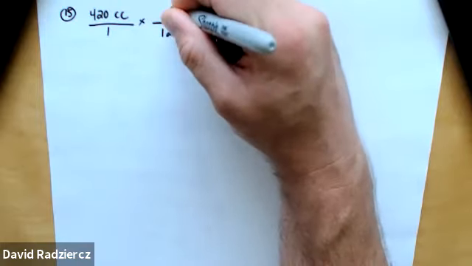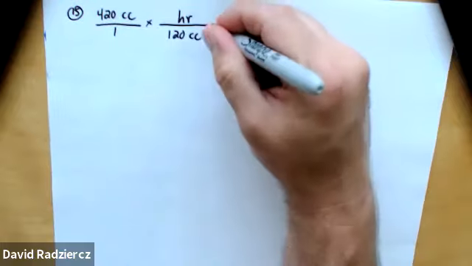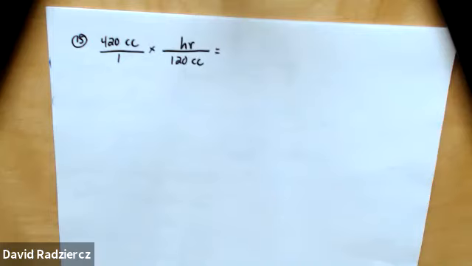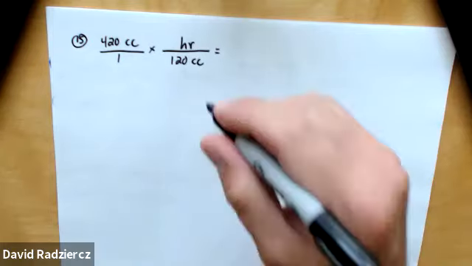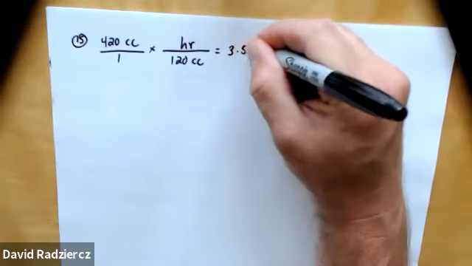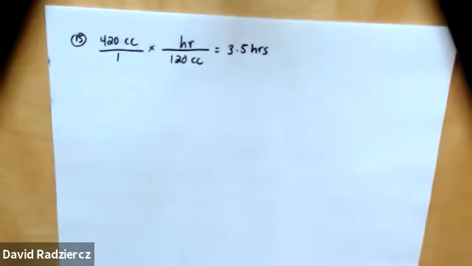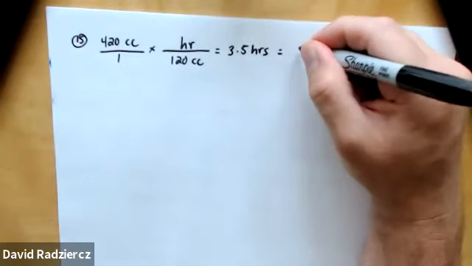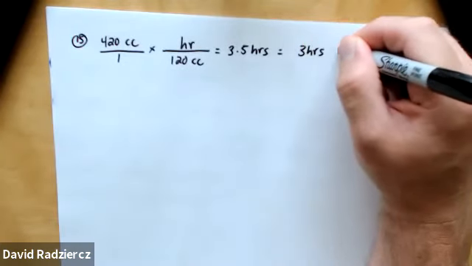We're just going to divide 420 by 120. Oh, sorry, I don't know why we can't see that now. There we go. All right. So 420 divided by 120 gives me 3.5 hours. And how they want you to write that is 3 hours, 30 minutes.